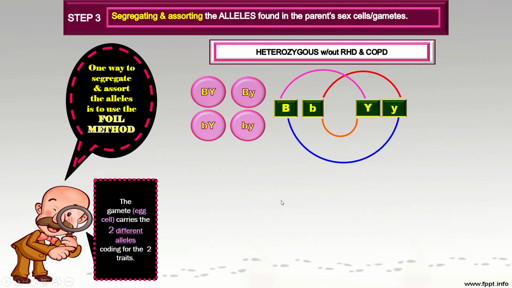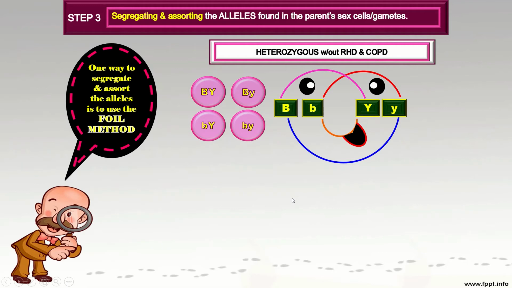Okay? So the gamete, or what we call the egg cell, carries two different alleles. And these two different alleles code for the two different traits. This one and this one.